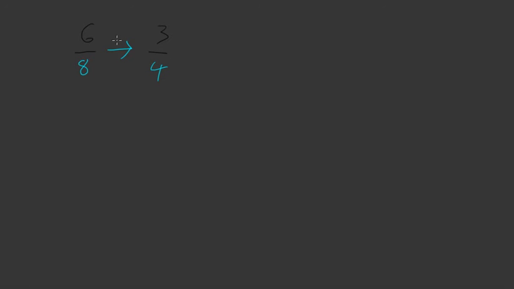And how do I know that? Well, the way I know that is if I take 6/8 and divide top and bottom, the numerator and the denominator, by 2, well, 6 divided by 2 is going to be 3, and 8 divided by 2 is going to be 4. Okay, so that's equivalent fractions.